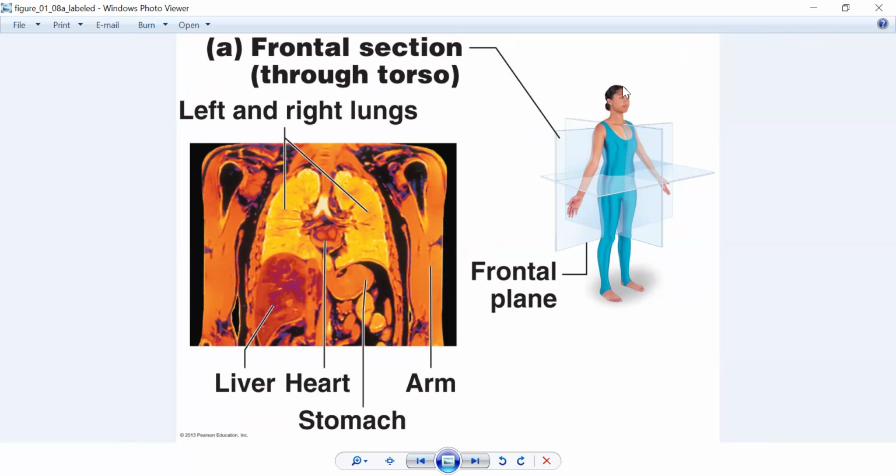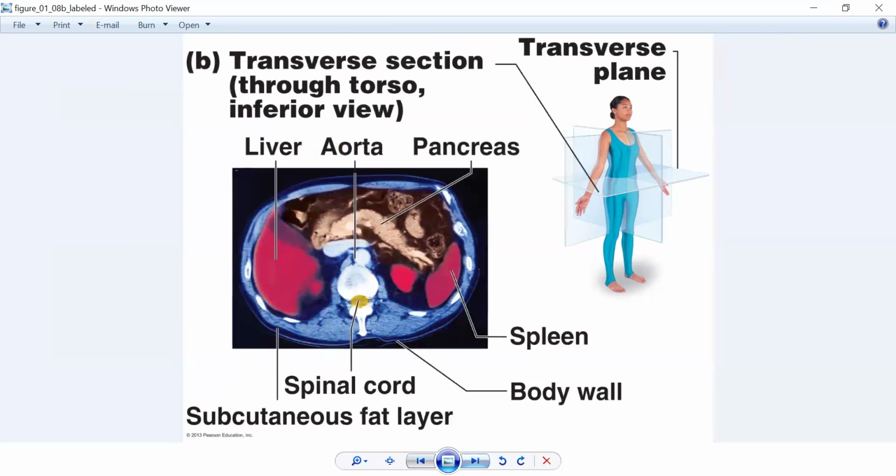This is a type of cut that comes from above the head, and if you go down the body, would produce a front and a back. In other words, you produce in proper terms an anterior and a posterior body part. So in this image, you're looking at a frontal section, or you could say coronal section of the body. We already saw the transverse one, right? Where the cut goes across the body.